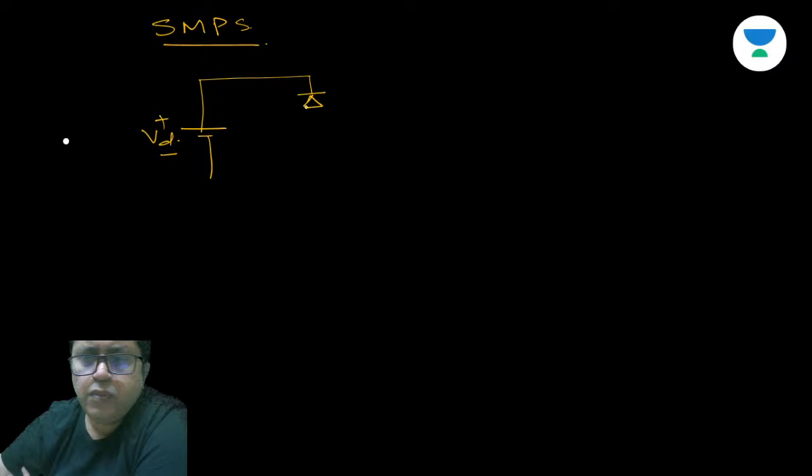I will take a diode connected, the output of the transistor is connected with the diode. This is the output circuit. This input circuit is connected to some controller.